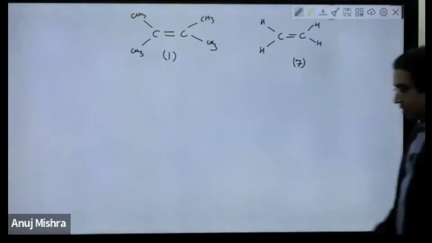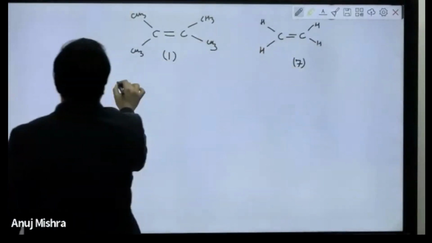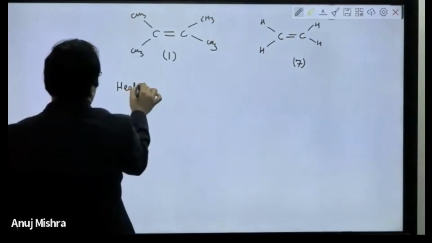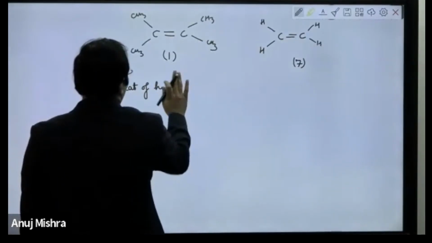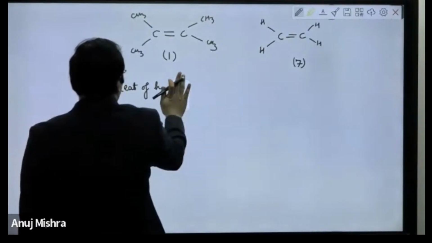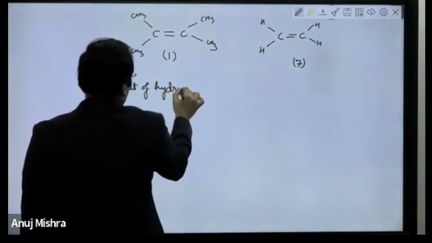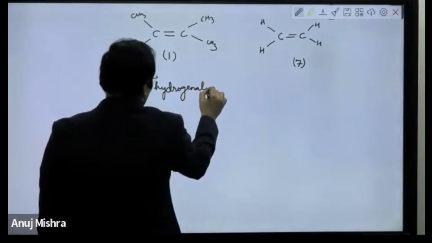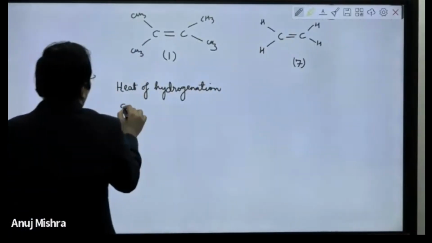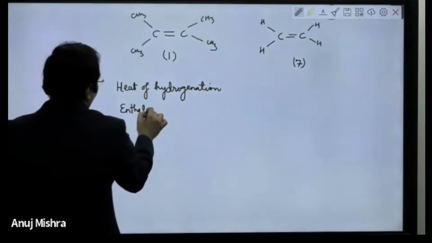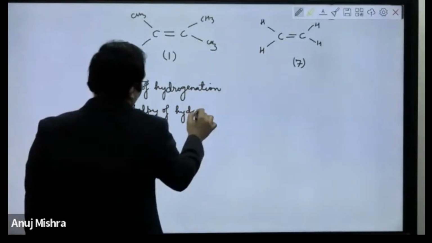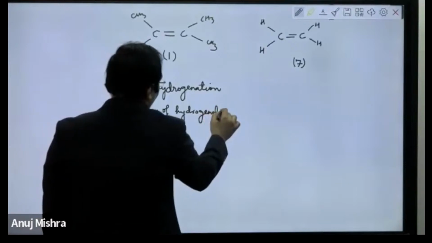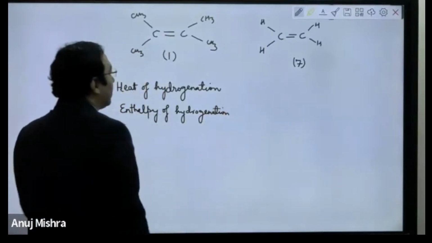Now the question is heat of hydrogenation, or enthalpy of hydrogenation. Now first thing you have to understand is what is hydrogenation.